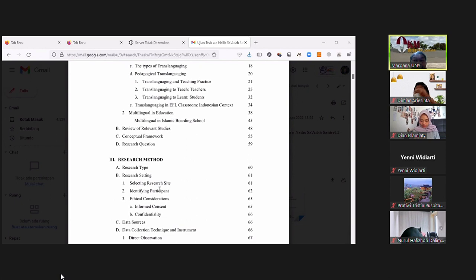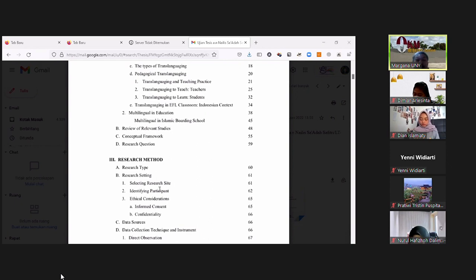At the end of exploring the relevant studies, you have to justify that my research is different from the previous studies in the sense of problems, probably, in the sense of the grand theory or main theories, and then different in terms of the procedure of the research, etc., the locus, the setting, the subjects, the techniques, etc. So you have to strengthen or qualify the novelty of your study after you review the previous studies.